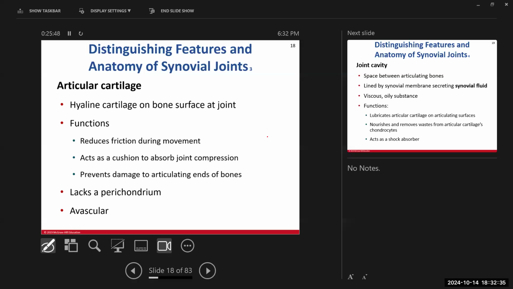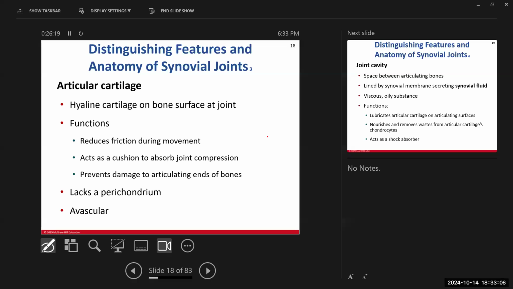Now, we learned back in chapter 5 that of the 3 cartilage types, 2 of those 3 have a perichondrium, and that was fibrocartilage and hyaline cartilage. Well, guess what? There's an exception to the rule here. This hyaline cartilage, this articular cartilage, does not have a perichondrium. Normally hyaline cartilage does have perichondrium, but this one doesn't.